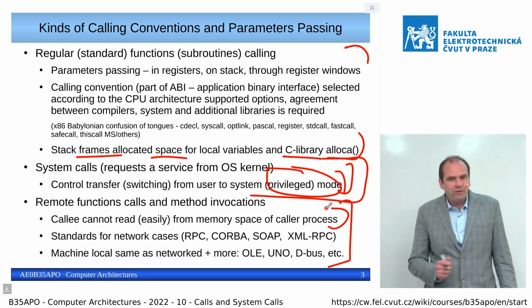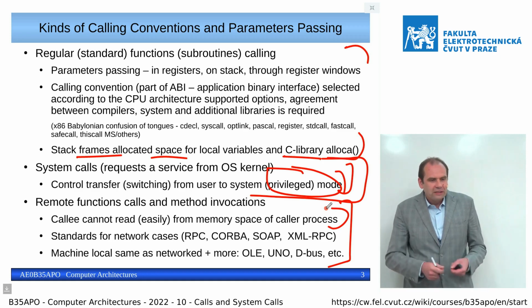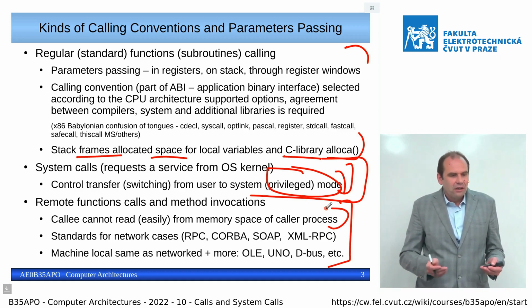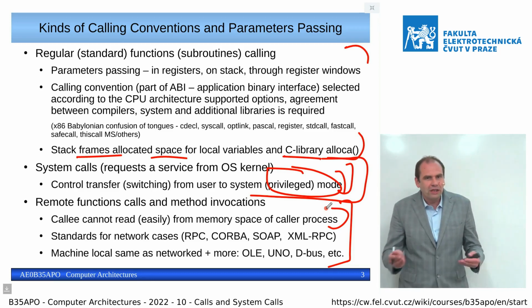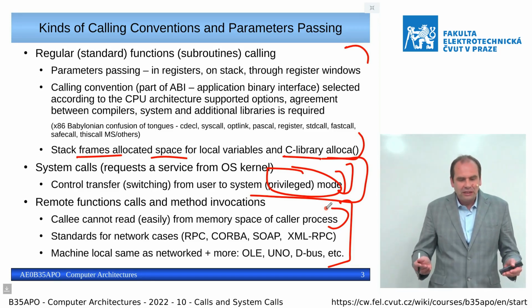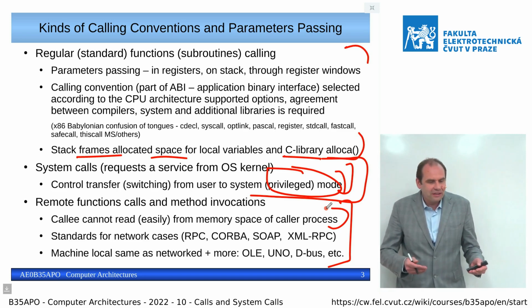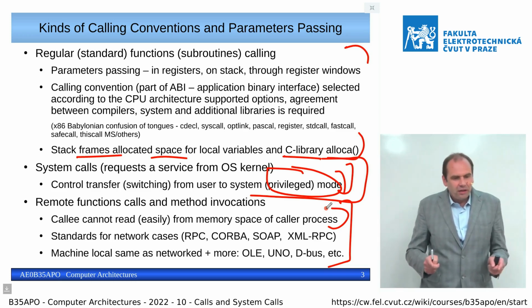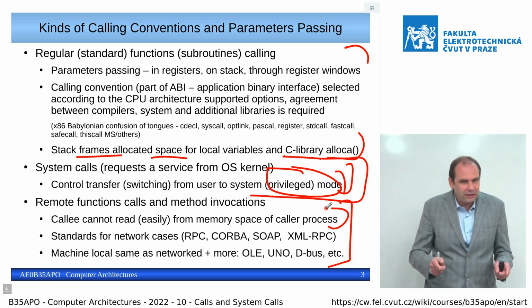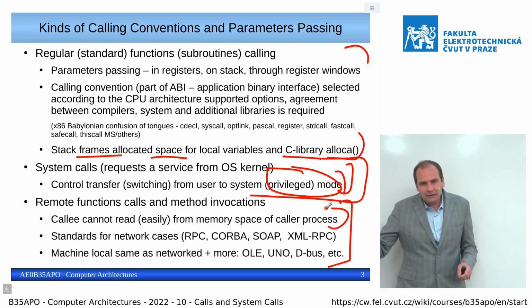Probably everybody knows that you can access HTTP pages. Through the HTTP protocol you can access web pages. It is easy. But in fact it is a remote procedure invocation, because you use a uniform resource locator address which you pass.